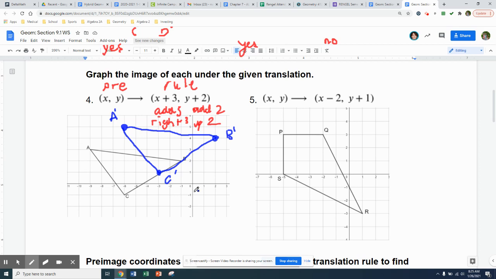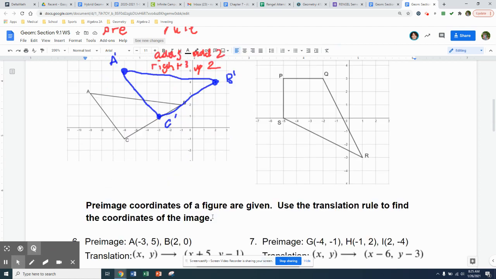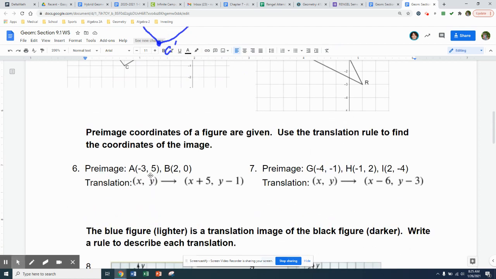So that translation rule, then you can start to apply that down to other problems. So here we've got a pre-image of A and B. They're giving us the translation. Here we don't have a graph to use, but we can just follow the rule. So it says take the pre-image point. Let's just say we're using pre-image point A, -3, 5. And we want to move it x plus 5 and y minus 1.